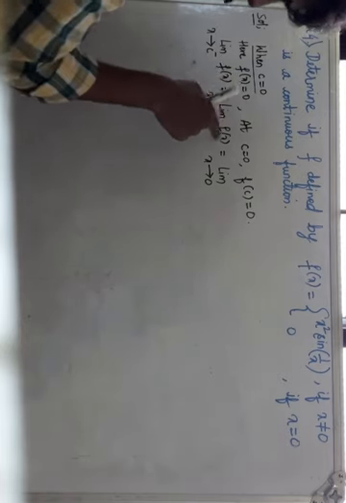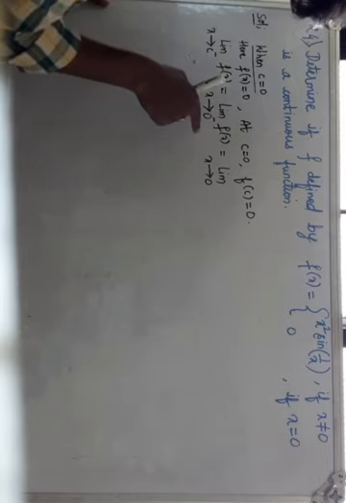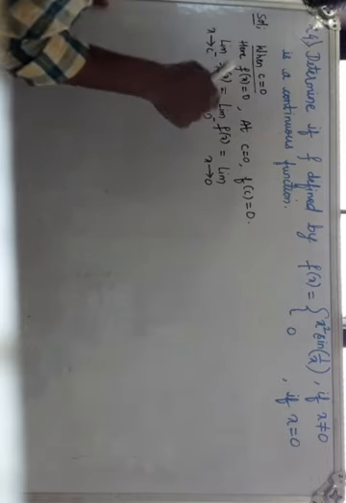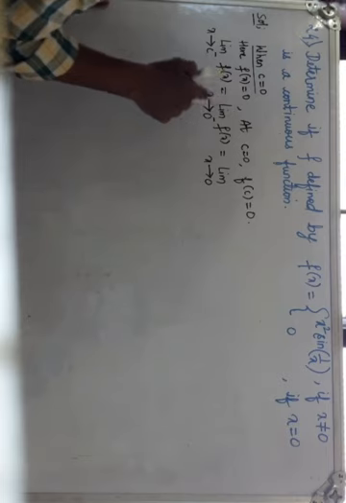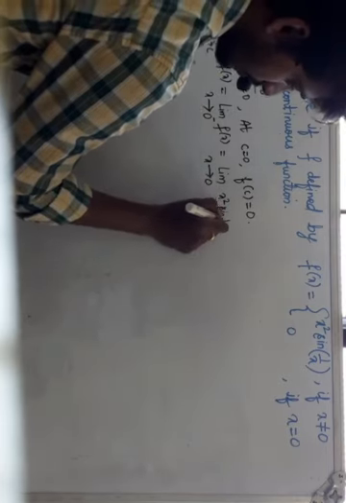What is the value of the function f of x when x is approaching 0 by taking values less than 0? We need to take the first branch, that is x square into sine of 1 by x.